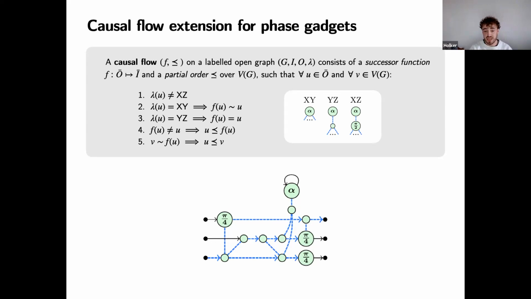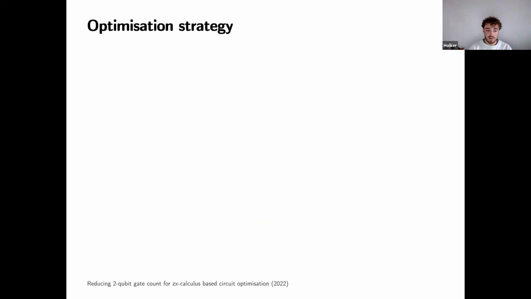Putting something into a phase gadget, it's difficult to predict immediately how that's going to affect the final circuit, as adding more phase gadgets will allow it to simplify down, and you don't have visibility on how that's going to happen in your future simplifications. So in the algorithm which I present, we don't allow extraction to phase gadgets, but it is possible to define causal flow in such a way and extract it in this way.